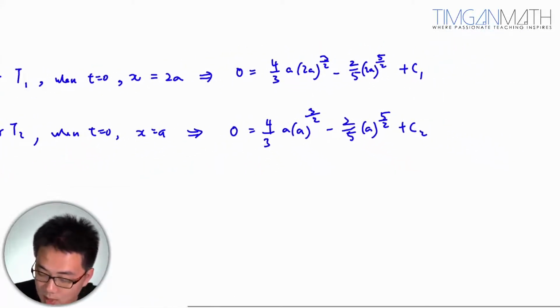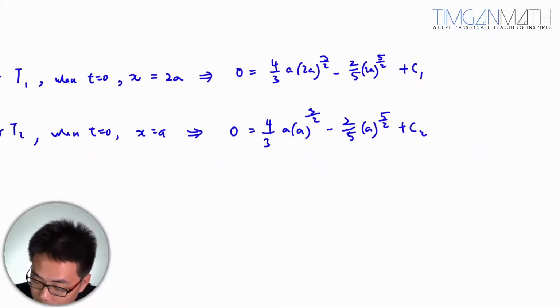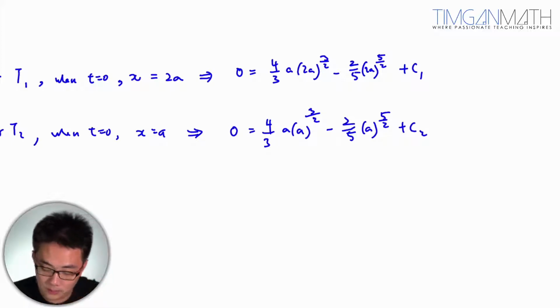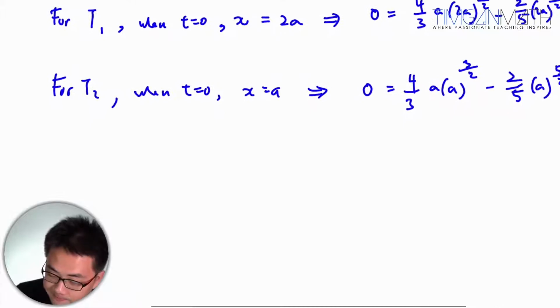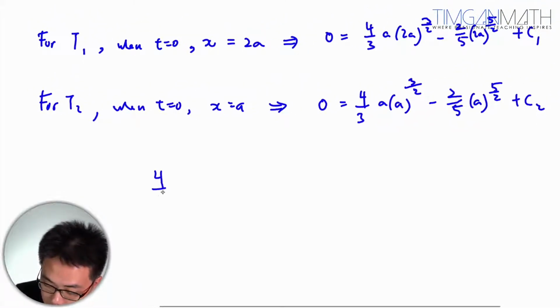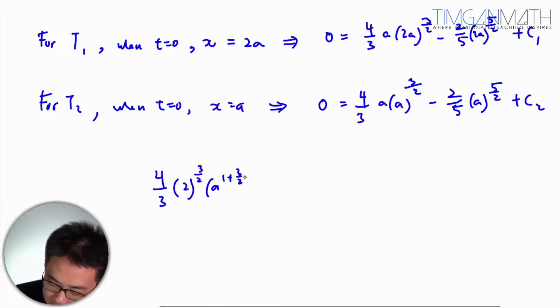So C1 would be, from here, 4 over 3 times 2 to the 3 over 2 a to the 3 over 2, plus 3 over 2, which is actually 5 over 2. So this is 2/5 times 2 to the 5 over 2 a to the 5 over 2.